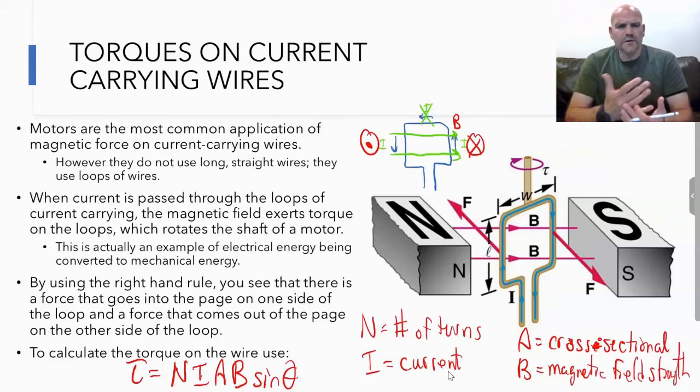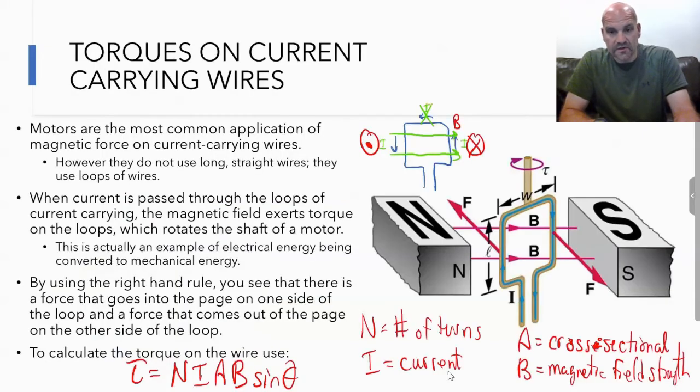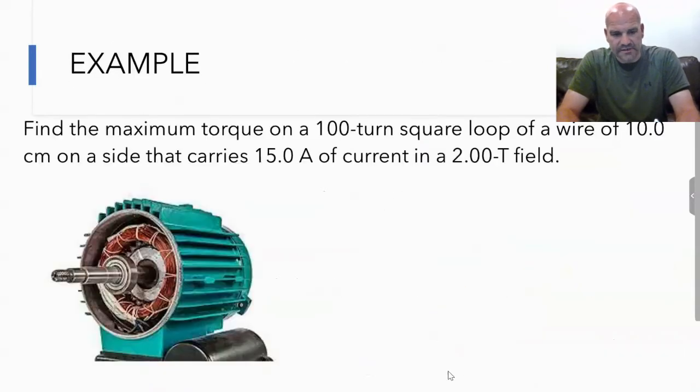Let's look at an example problem on how this equation works. We want to find the maximum torque on a 100-turn square loop of wire, 10 centimeters on a side, that carries 15 amps of current in a 2 Tesla field. Our motor is going to look something similar to what we had on this slide, not so much the picture that I show here.